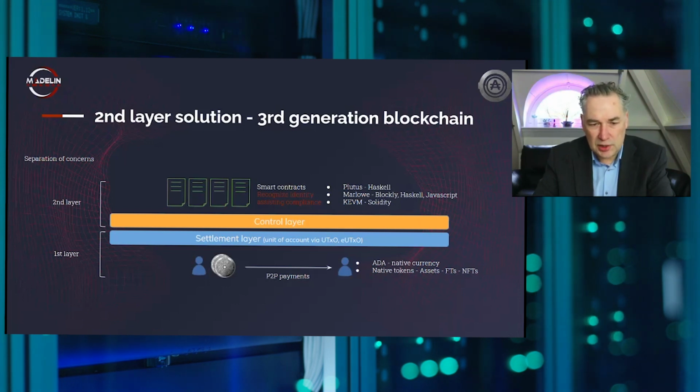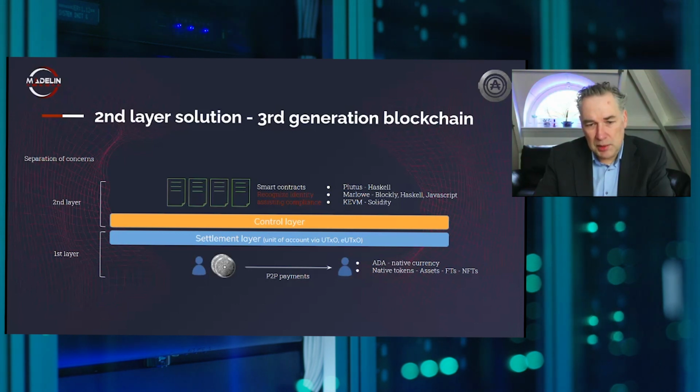Smart contracts on the Cardano blockchain can consist of any logic, but what is different here is that they can also recognize identity and assist on compliance issues.